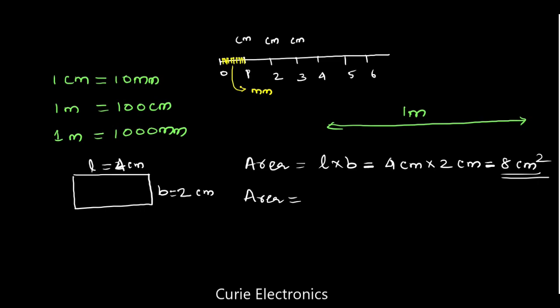Now I want it in meters. So what I will do: 4 upon 100, because 100 centimeters make 1 meter. So when I want to convert centimeter to meter, I will divide by 100, multiplied by 2 upon 100. So what do you get?